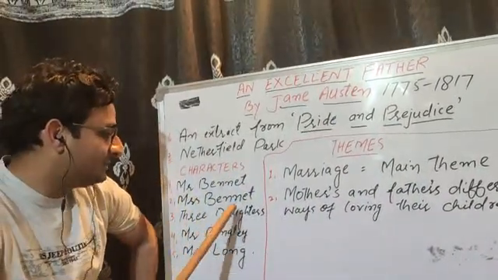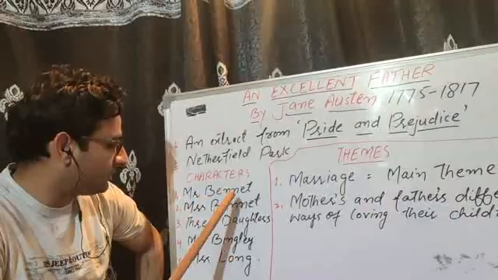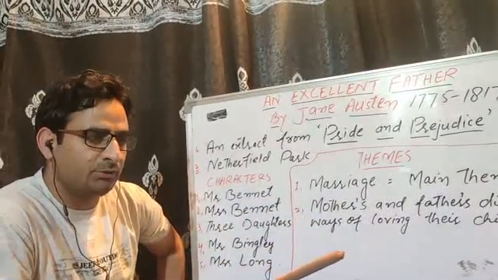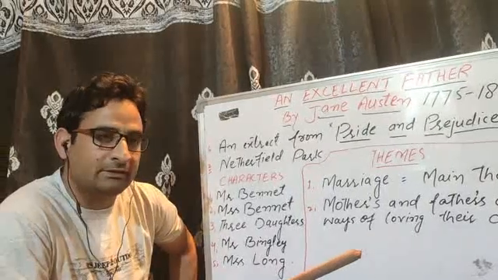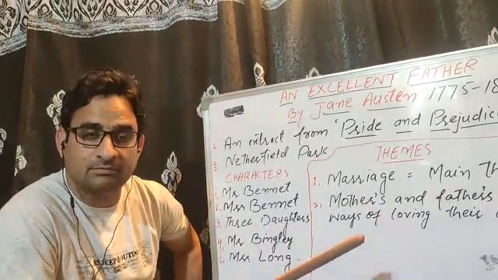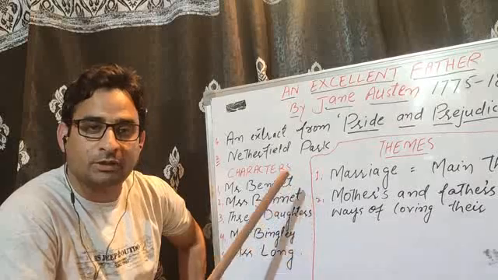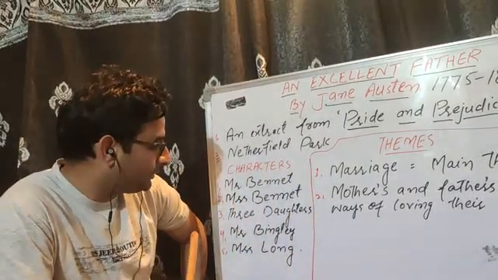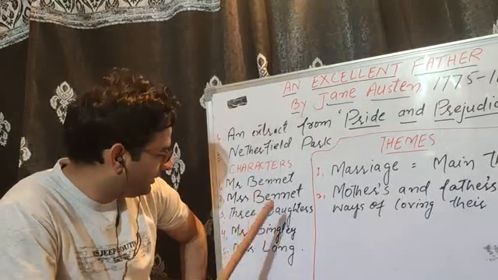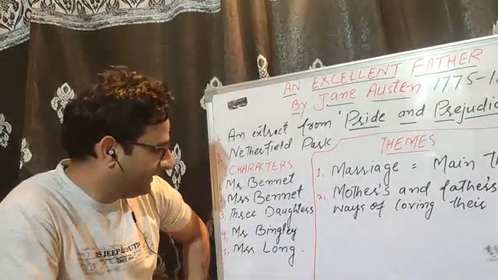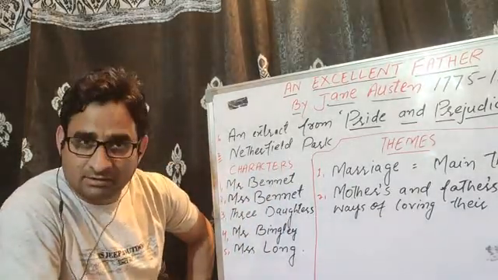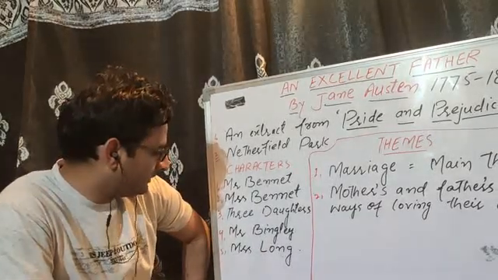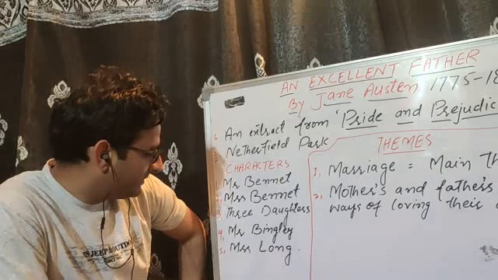Then we have Mrs. Bennet, the wife of Mr. Bennet, who is a kind of selfish woman; the main aim of her life is to find rich husbands for her daughters. Then we have the three daughters of Mr. and Mrs. Bennet: Lizzie, Kitty, and the other one also, Elizabeth.